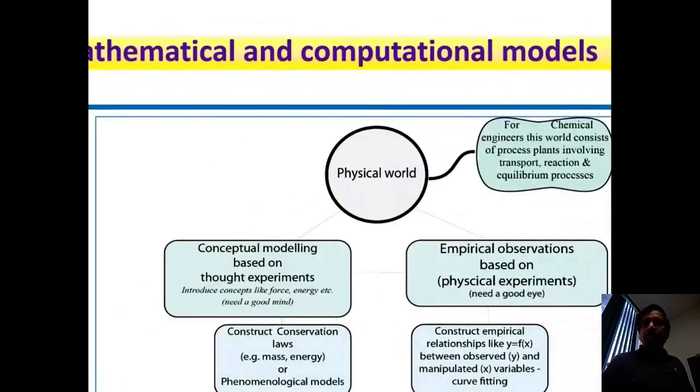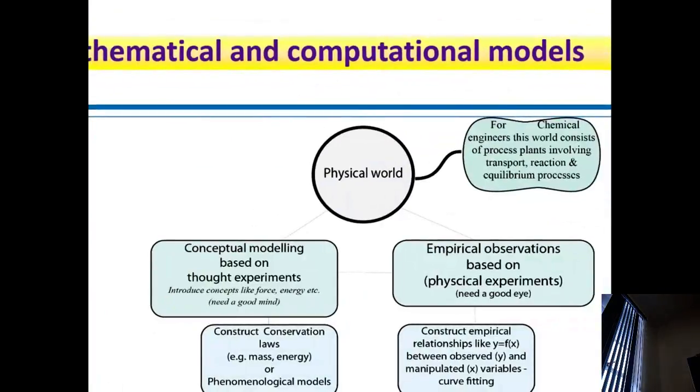Okay, the physical world. The physical world is anything that we are interested in, right? For a physicist, it will be the planetary motions, maybe the trajectories of the planets and the moon, etc. For a chemist, it is the chemical reactions between two reactants. For chemical engineers, it's chemical plants. For petroleum engineers, it's a reservoir, maybe, or the surface facilities for separating the gas and oil, etc. So any natural process that we are interested in studying, we observe.